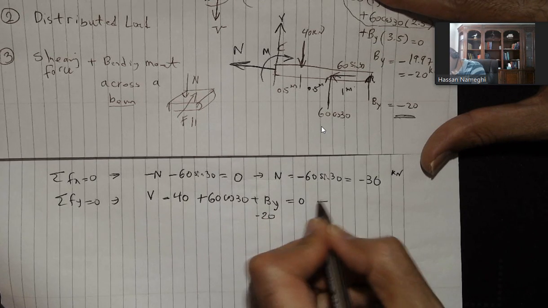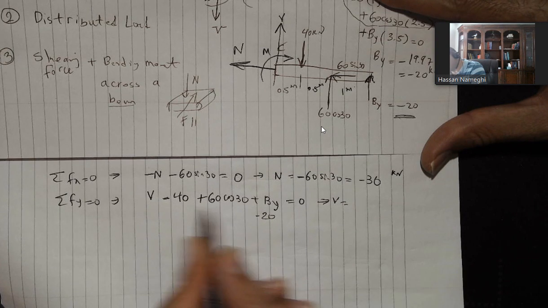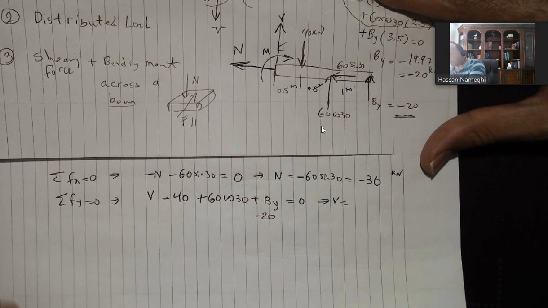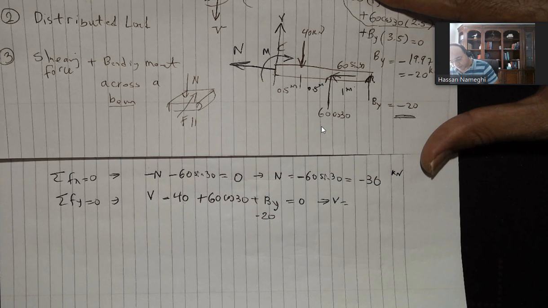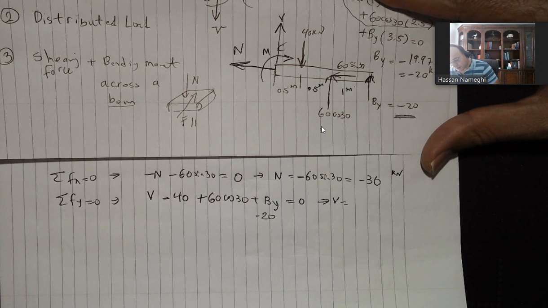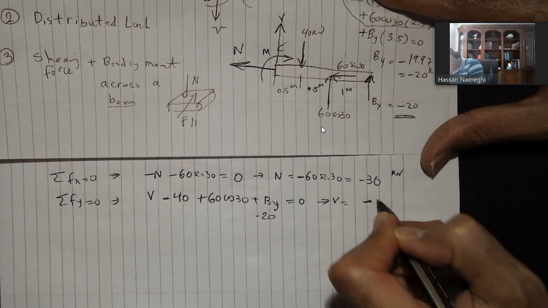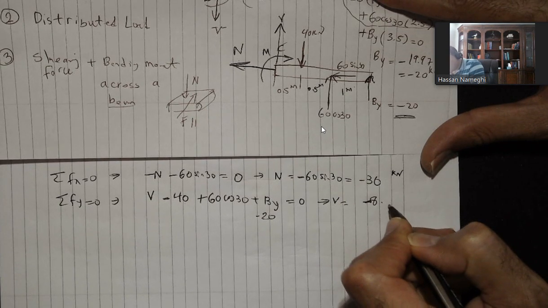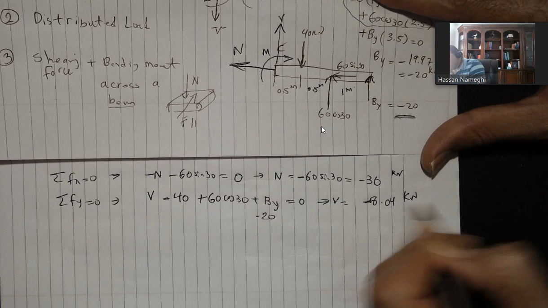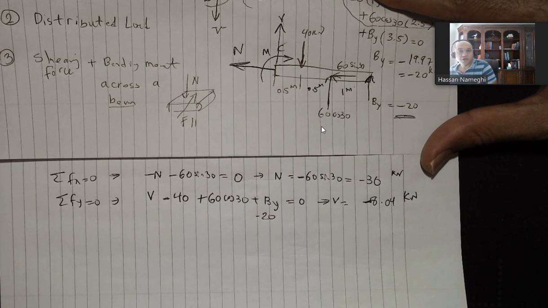So if you calculate V, you're going to get V is equal to minus 20 minus 40 plus 60 cosine 30. I'm going to get minus 8 for this, which is 0.04 kilonewton. That's how much I got for my shearing force.